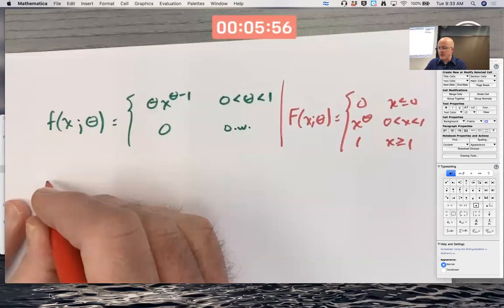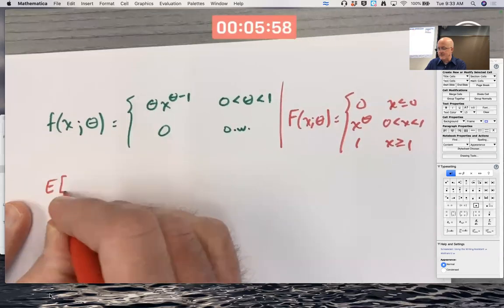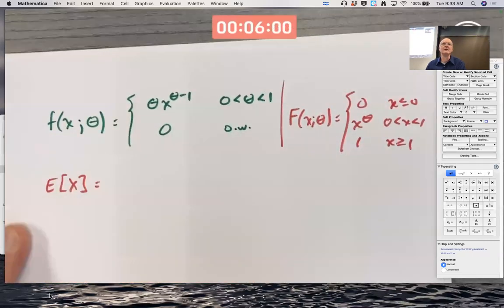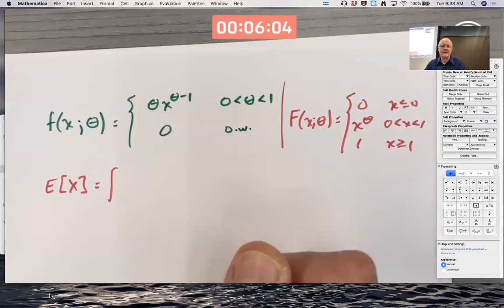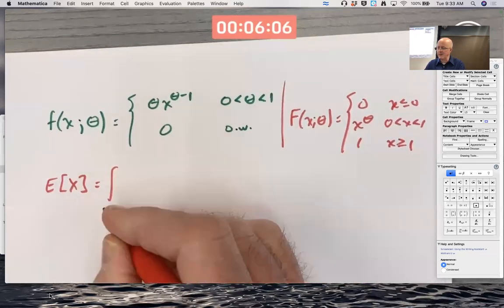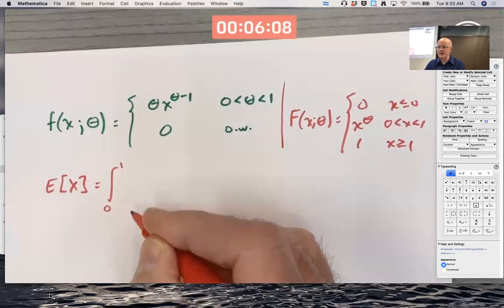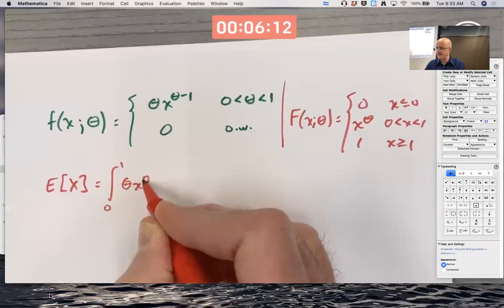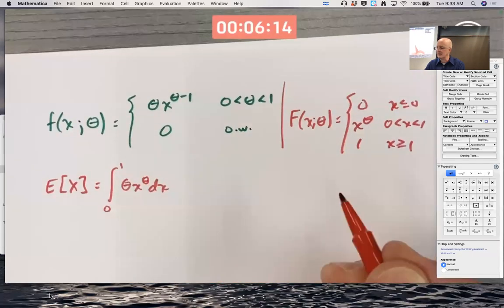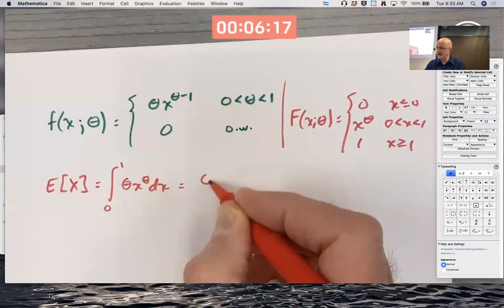If we're going to use the method of moments, we need to figure out the first moment. So we need to integrate x times the PDF over the domain where the PDF is positive. Multiply this function by x, you're going to get theta times x to the theta. Do that integral, theta is a constant.